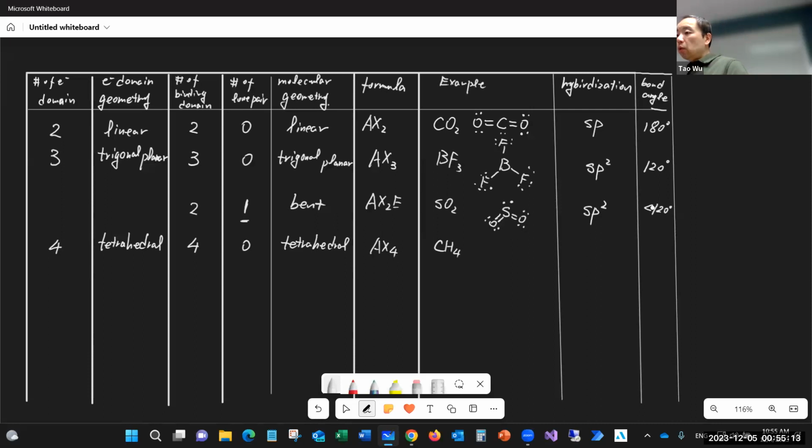So when we write methane like this, since this is 3D, we are going to need another way to write a 3D structure. How can we write a 3D structure in 2D on paper? If you're looking at this tetrahedral, in general, there is a way.